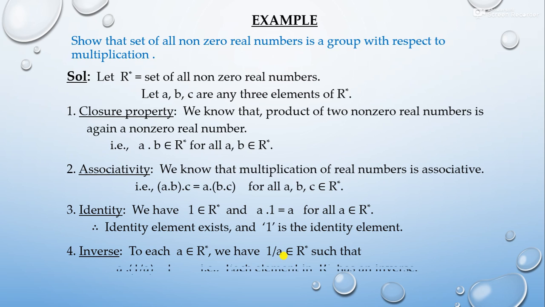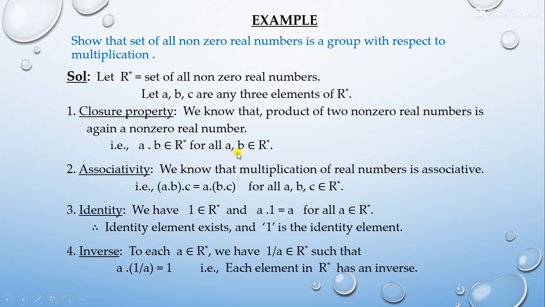When we multiply these two numbers, a and 1 by a, we get 1, and 1 is our identity. So each element in the non-zero real numbers has an inverse, right? So this is a group because it holds all these four properties. We can say that the non-zero real numbers form a group.